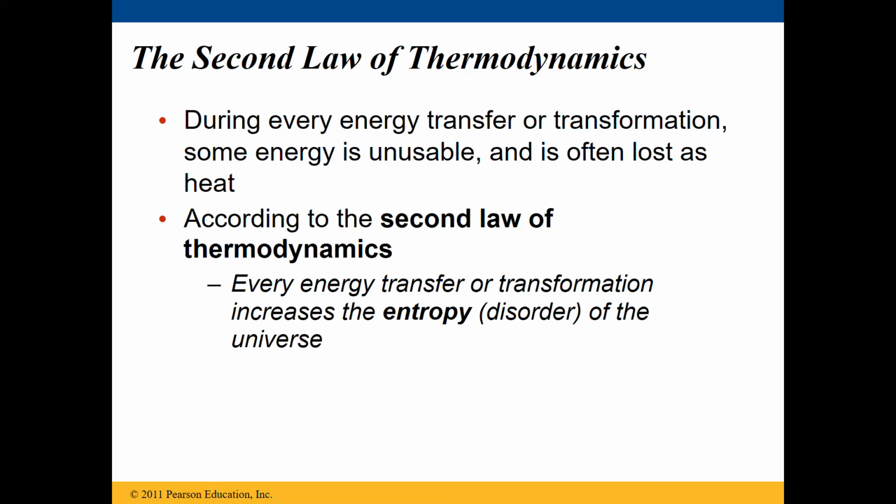During every energy transfer or transformation, some energy becomes unusable and is often lost in the form of heat. The second law of thermodynamics says that every energy transfer or transformation increases the entropy or disorder of the universe.